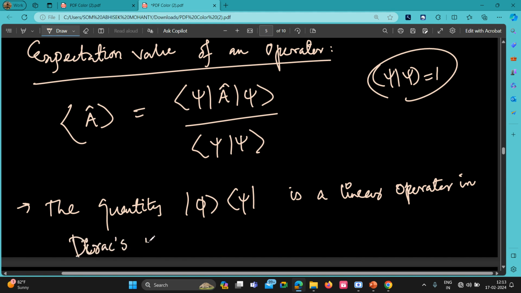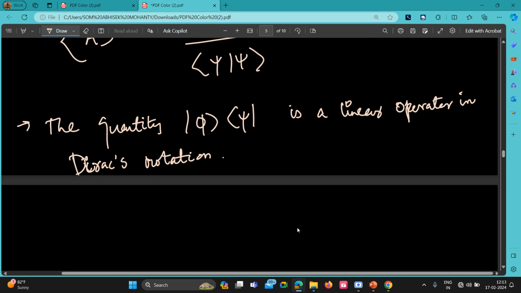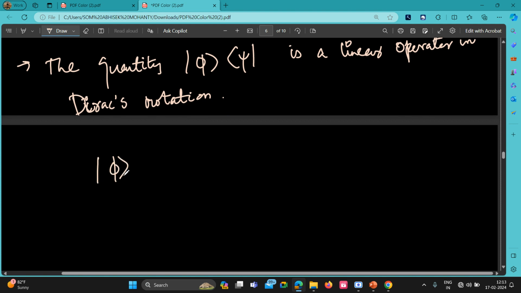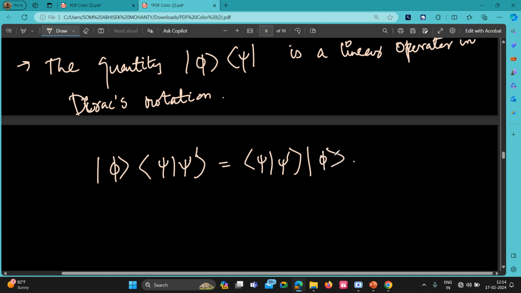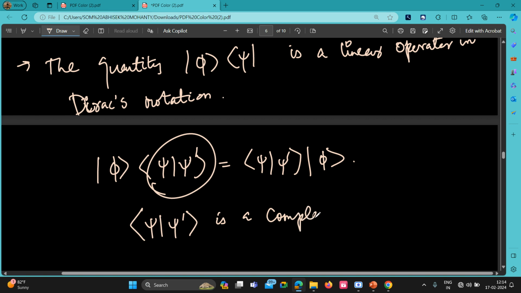To see this, we can write psi dash is equal to ket phi bra psi acting on psi. Where this inner product is actually a complex number.